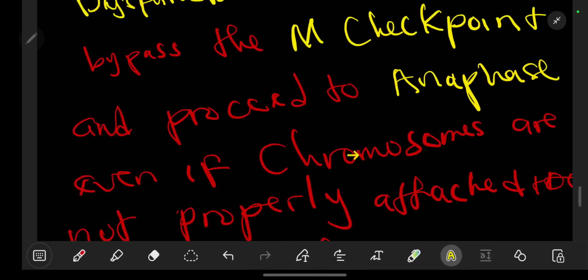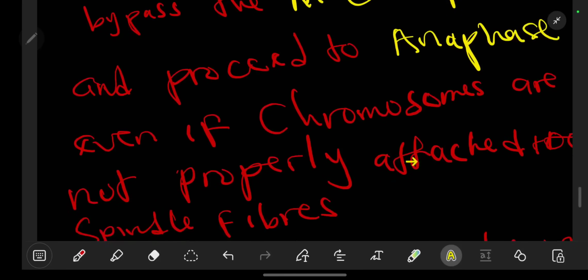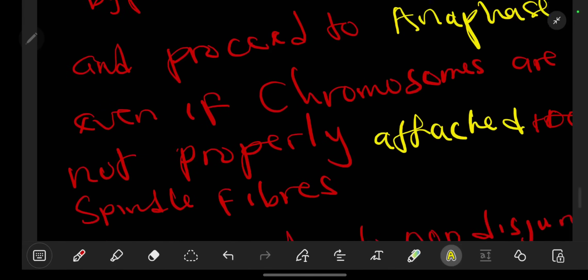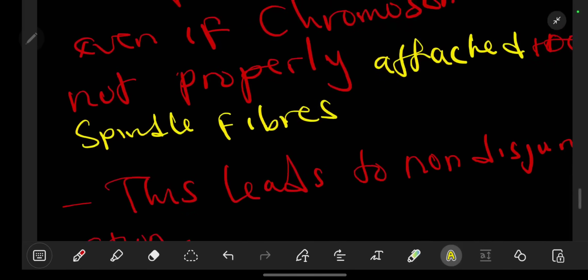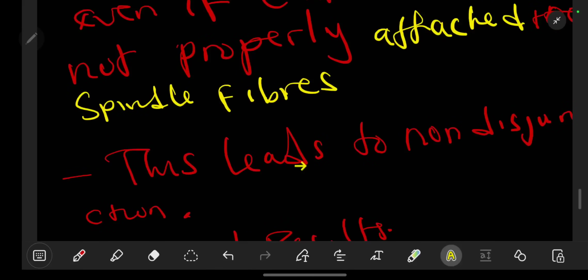Now, even if chromosomes are not properly attached to the spindle fibers, there will be the splitting. Now, if not all chromosomes are attached to the spindle fibers, then there will be a situation which we call nondisjunction.